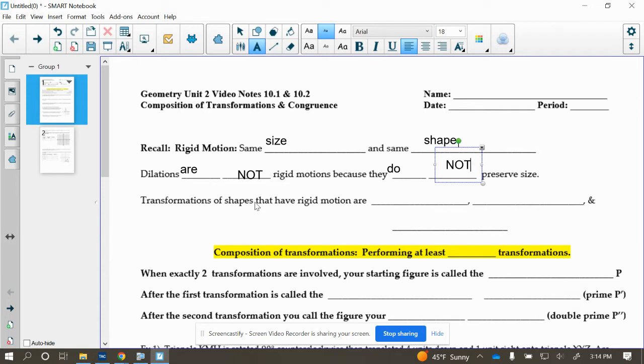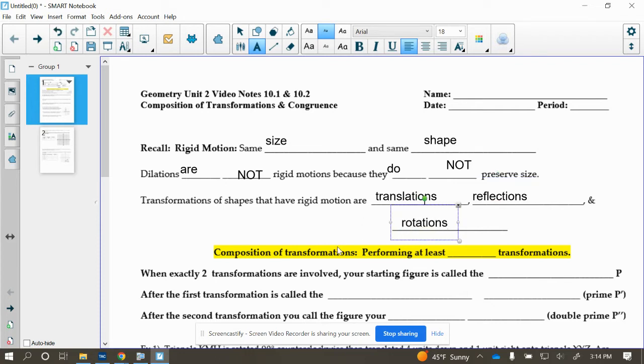They expand the size of our sides or they condense them down. The ones that we have talked about that do work are the translations, reflections, and of course, the rotations.